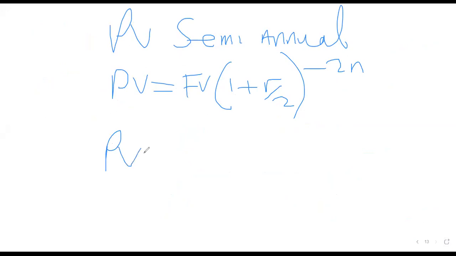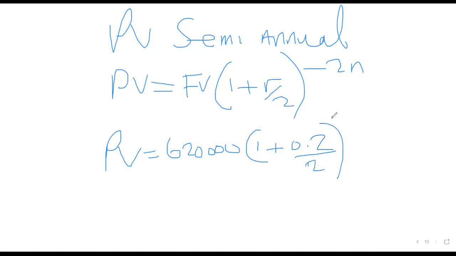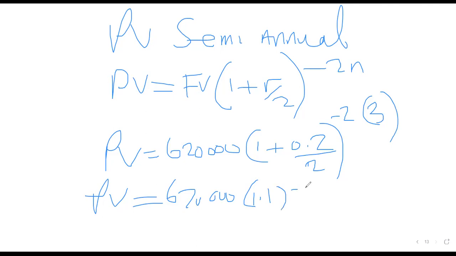So the present value of 620,000, then 1 plus 0.2 divided by 2, to the power negative 2n, meaning our present value is 620,000 times 1.1 to the power negative 6.